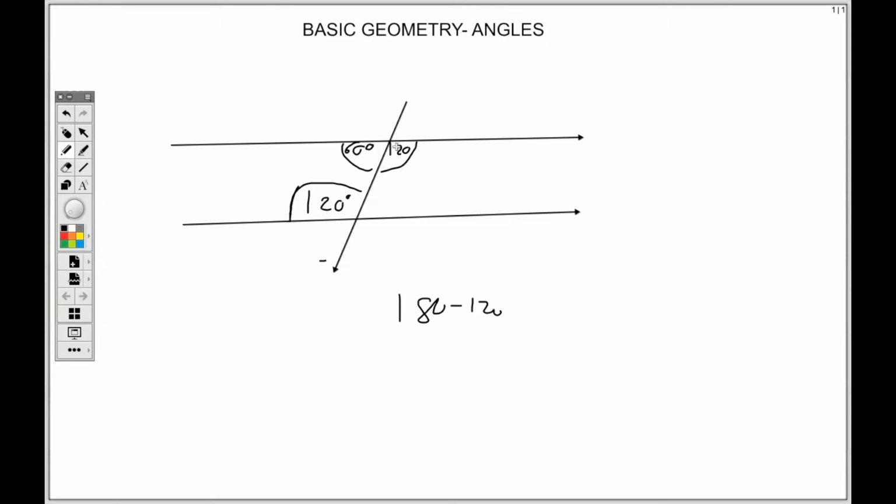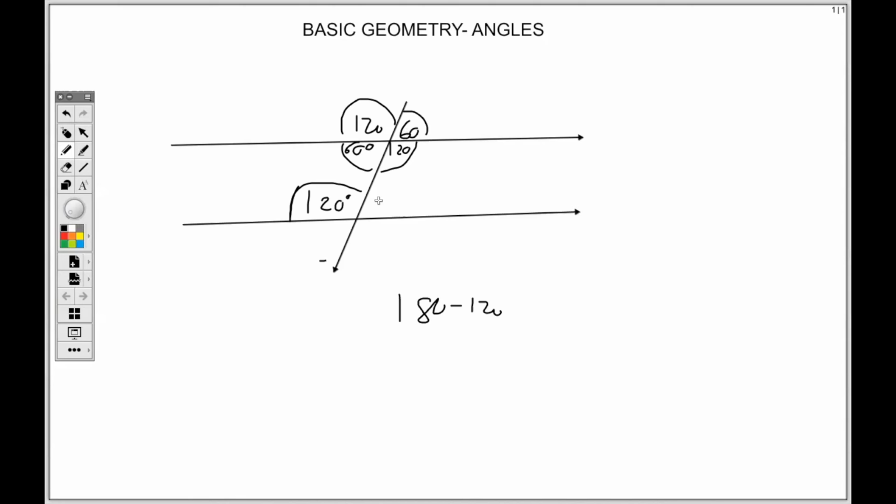Now, I can do the same thing or just look at it where when two lines meet, the angles facing each other are the same. So this is vertically opposite. So if this is 120, this is also 120. And if this is 60, then that means right here is 60. We can also look at that this is a corresponding angle.